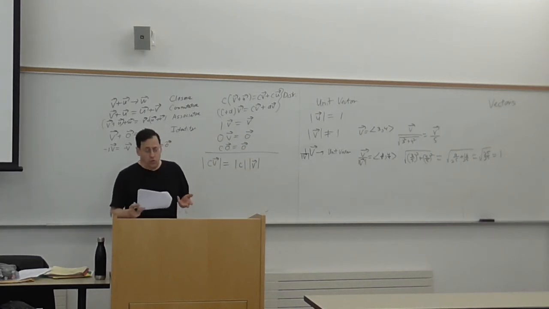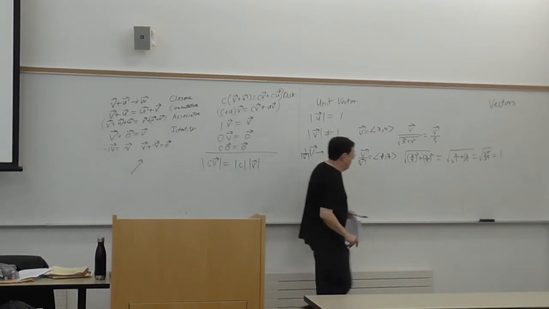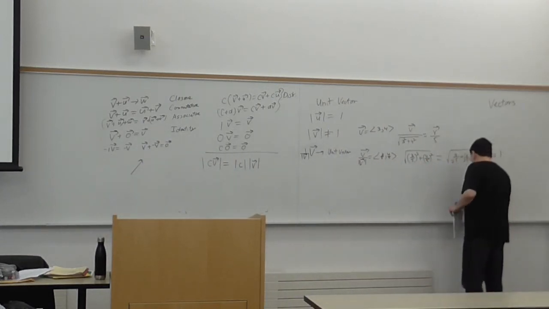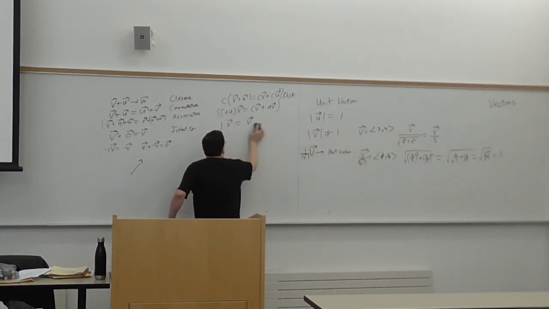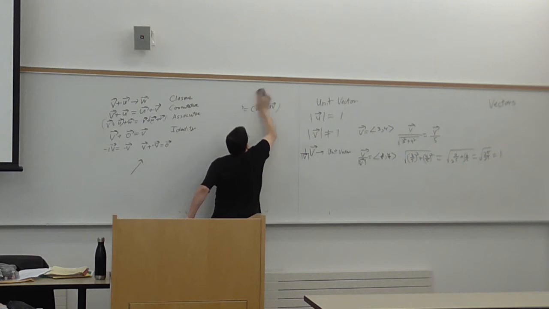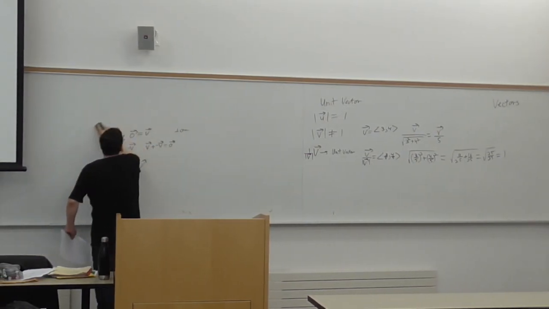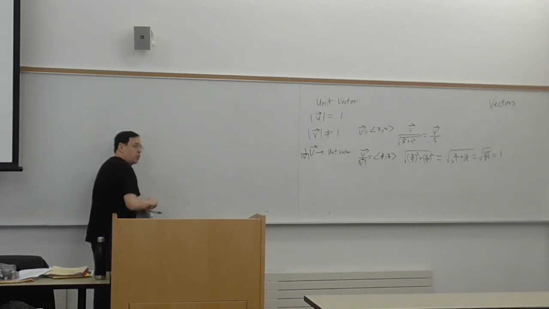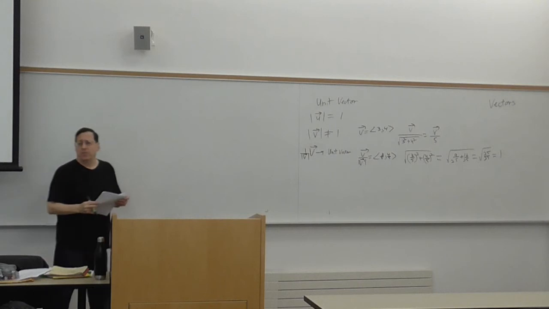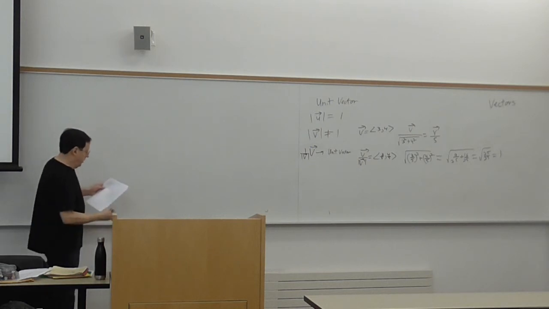Okay. The reason I bring up unit vectors is that there are two very important unit vectors that we deal with a lot. They're so important we give them names. I'm quite sure it was physicists who gave them names, or maybe engineers, because their choice of names was unfortunate.